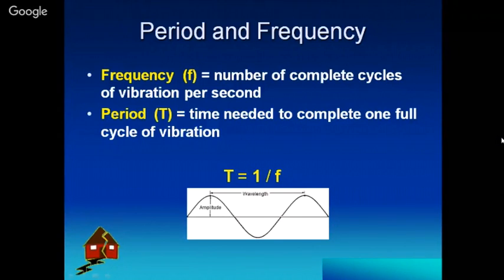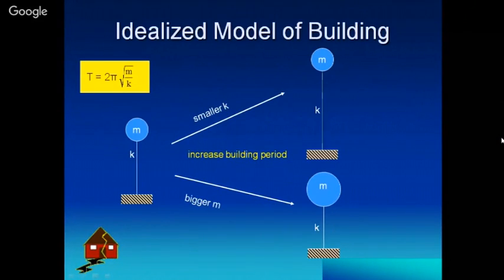Once a cycle is completed by the building, that gives us the sinusoidal wave. This is the basic thing we do in computer modeling of structures.